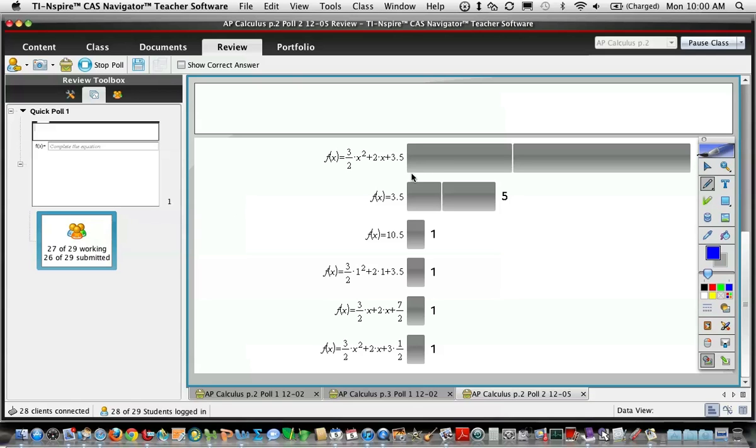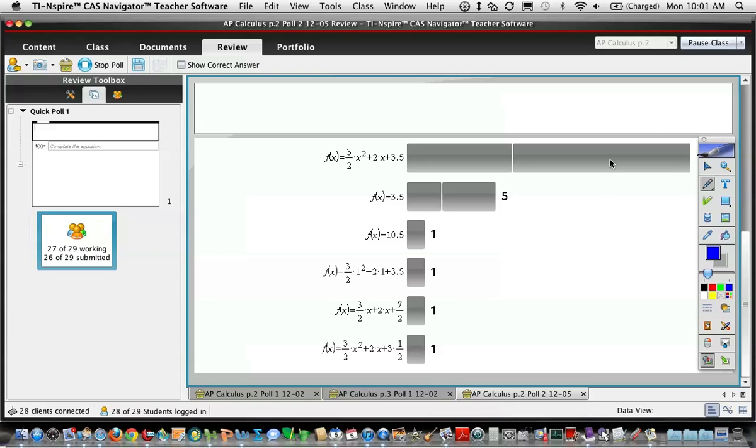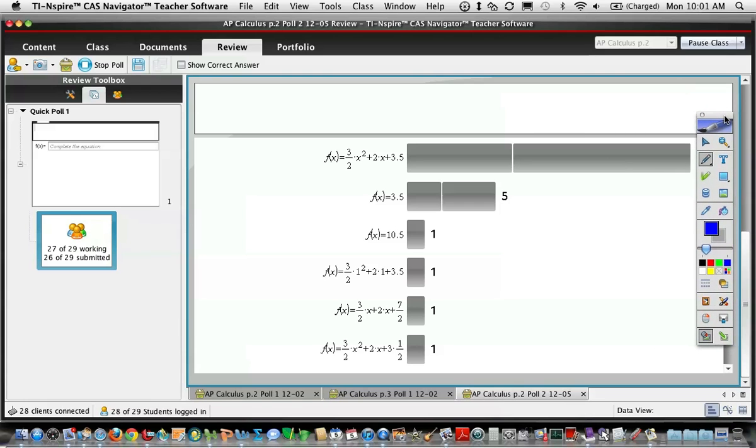And that's what this box was here. I think that group put 3.5, and this group, did you guys put 7 halves? Okay, so I'm guessing that's what that was about. Okay? All right.